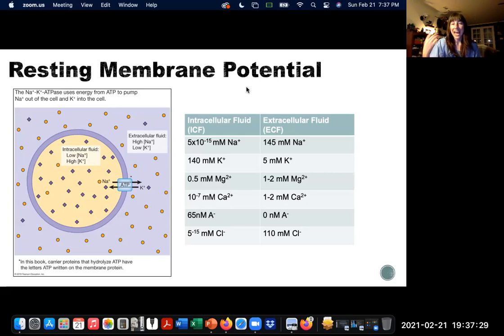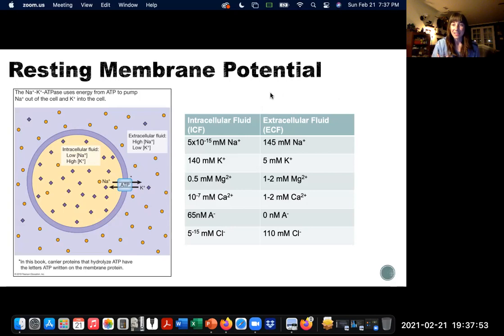So again, cations, positive ions, and anions, negative ions, those are what give the two sides of the membrane its charge. And at resting membrane potential, you have, this is very important, a higher positive charge outside of the cell and a higher negative charge inside of the cell, okay?